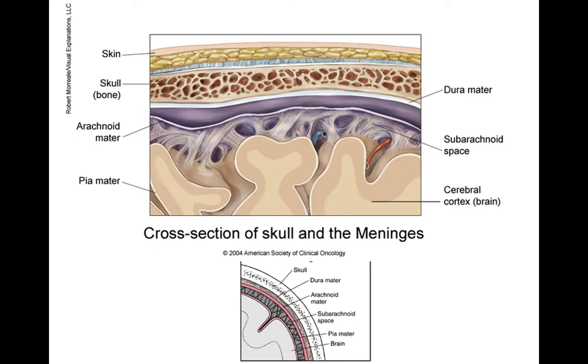So if we look at this diagram, you're going to see the top diagram. We've got our skin, we've got our subcutaneous adipose, we've got the bone of our skull, right? We've got our dura mater, our arachnoid layer, we've got our subarachnoid space. That's where we're going to have the cerebrospinal fluid circulating. Now, if you look in the lower diagram, you see those little black lines.